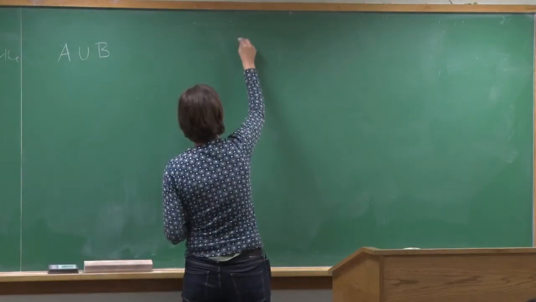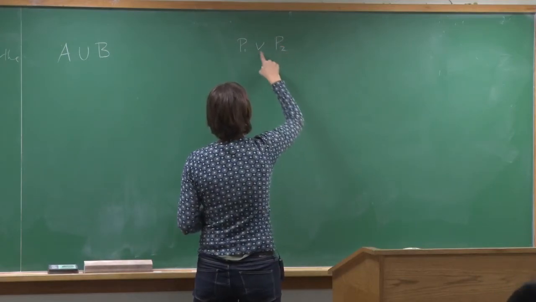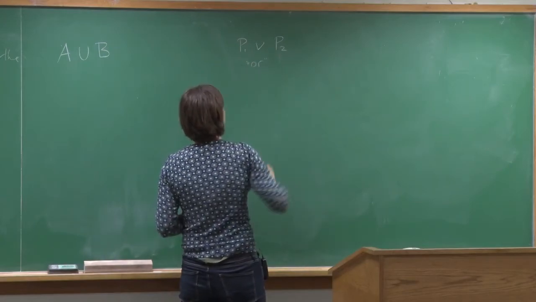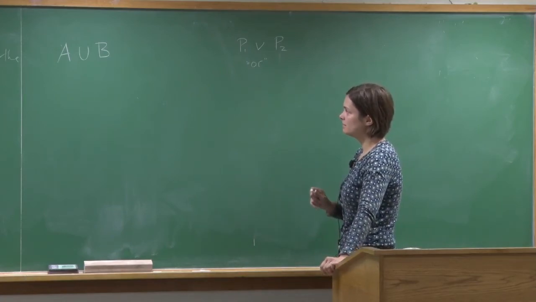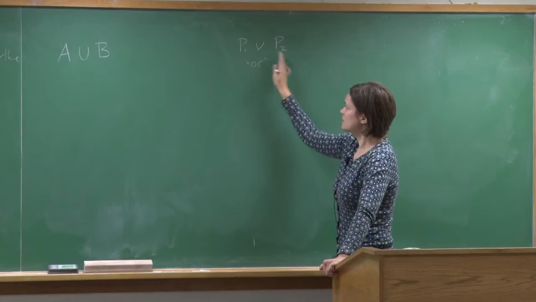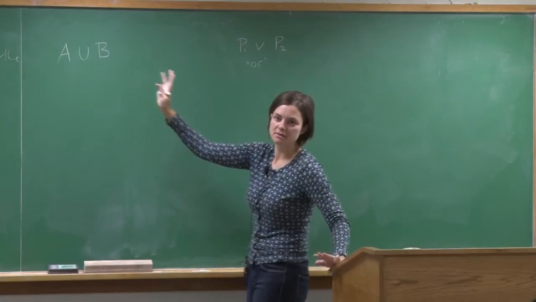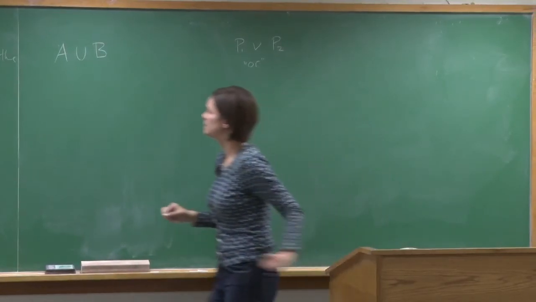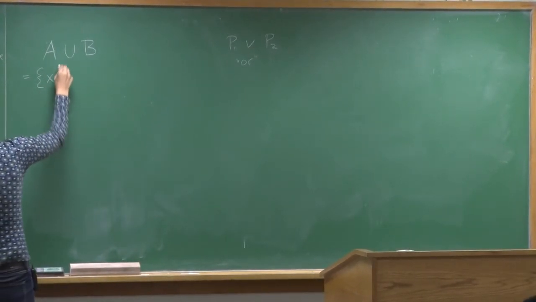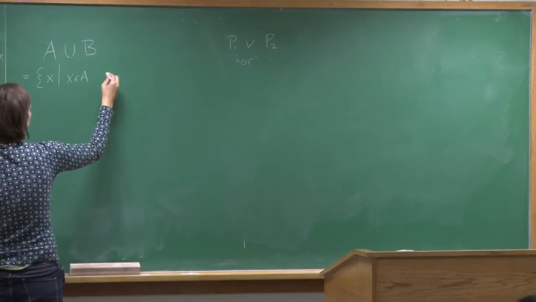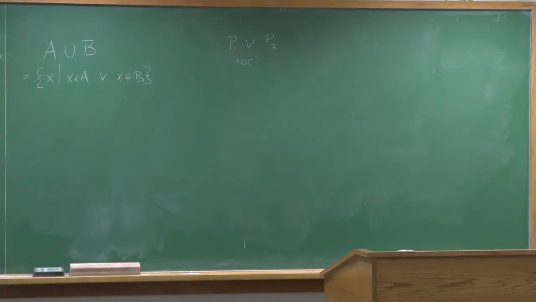If I have two propositions, say P1 and P2, I can use this symbol, which means or, which maybe you've seen too, and you shouldn't confuse the two, because they're used in different situations. These are propositions, and those are sets. These are things that are either true or false, and these are sets that have elements in them. Right? They're different things, but they're related because we can, of course, define the union as all of the elements x such that x is in A or x is in B. One of the two. Right?